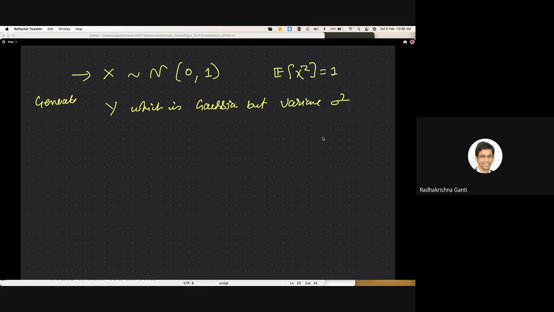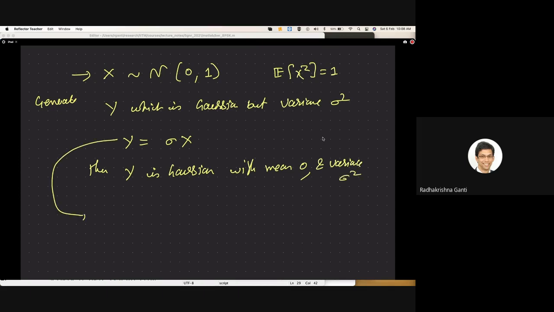Okay, all I have to do is, if I set my y is equal to sigma times x, I just multiply x with sigma. Okay, then y is Gaussian with mean 0. Again, the mean won't change, and variance sigma square. It's very simple.